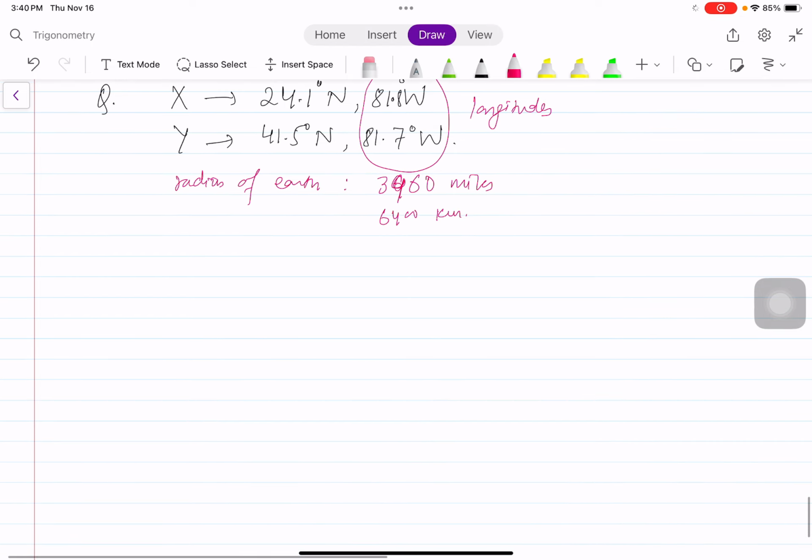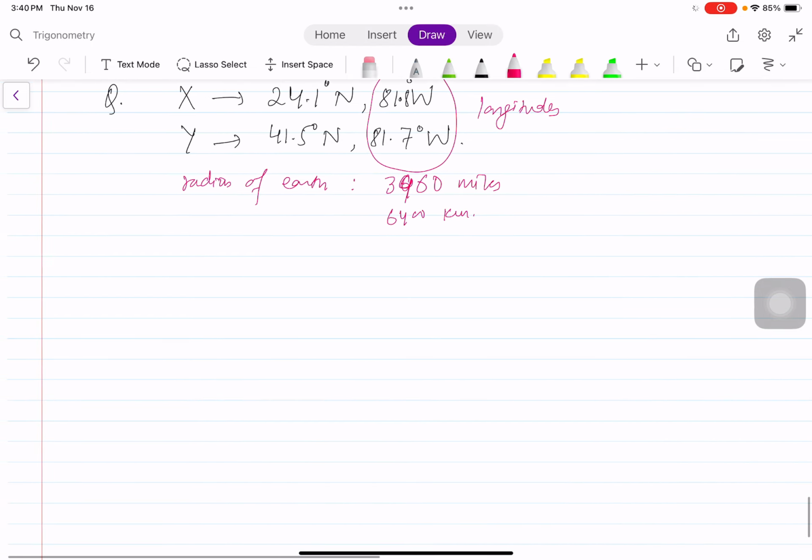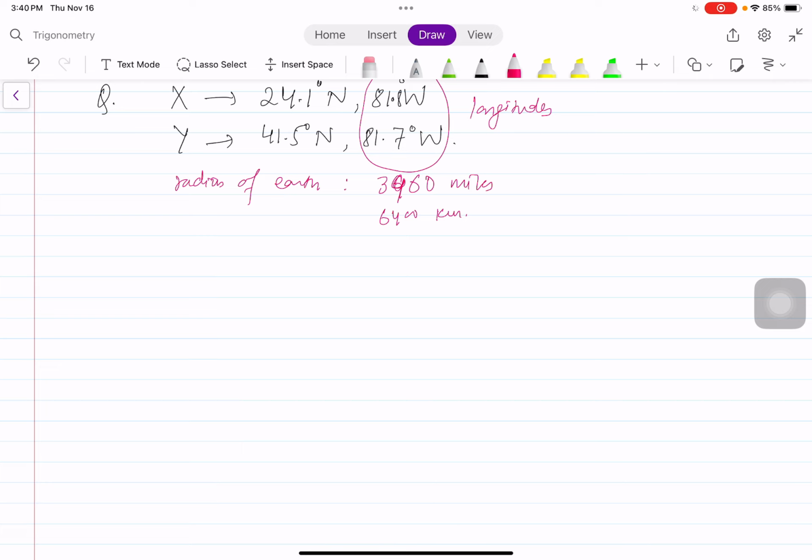Now how to find it? First of all, we need to find the angle theta between the cities x and y, which is the difference between these two angles, 41.5 minus 24.1, which gives me 17.4 degrees.